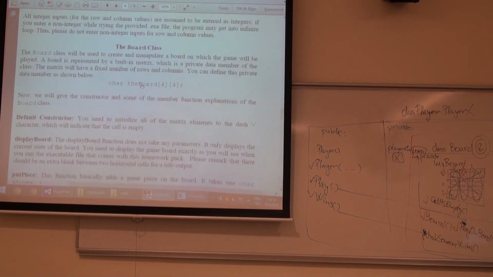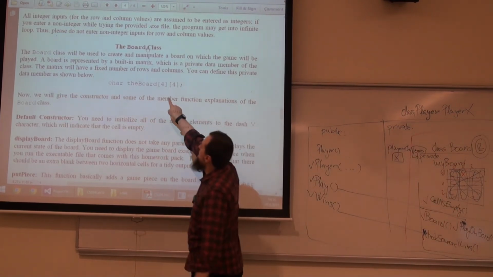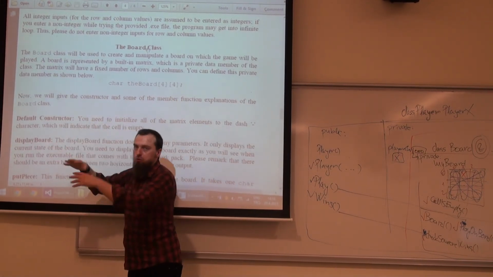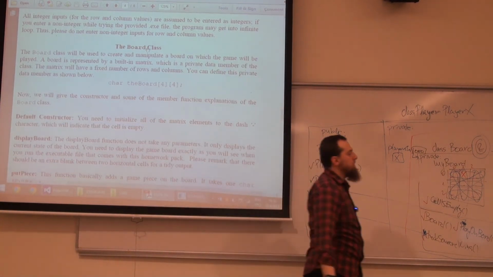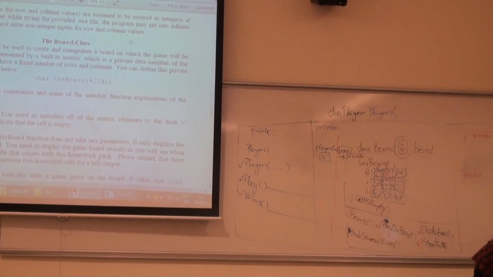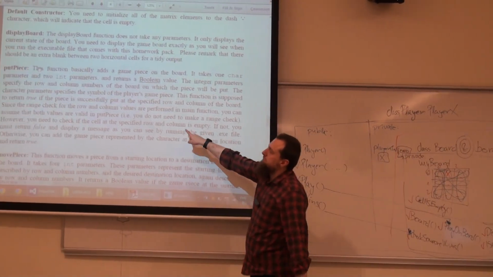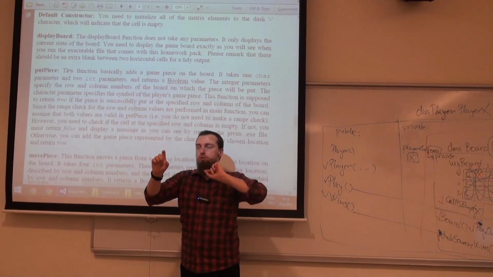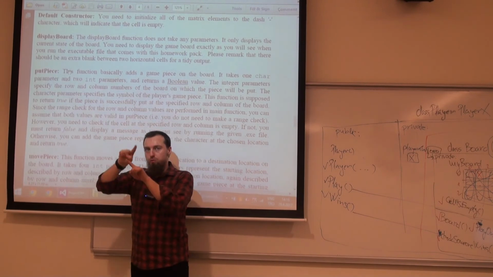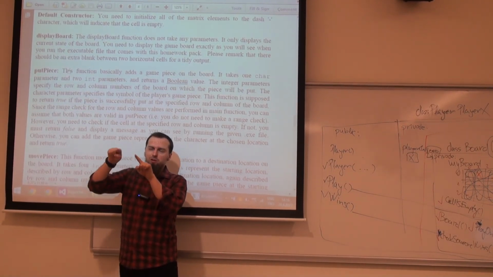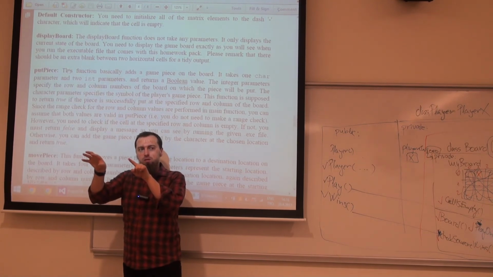You should have the board class, just as we saw previously. Okay, we have 4 rows, 4 columns. You have a constructor, display board to print the board, just as was the case with the Tic-Tac-Toe. Put piece to put X or 0. Move piece to move it, but be aware when you move it, you cannot move it in diagonal manner or in a cell that is not empty.